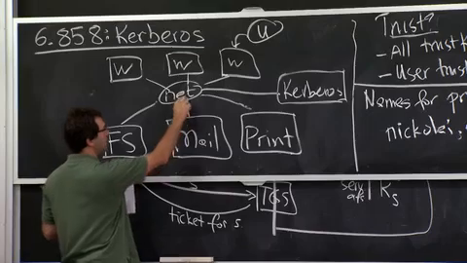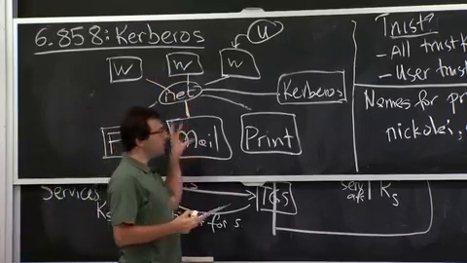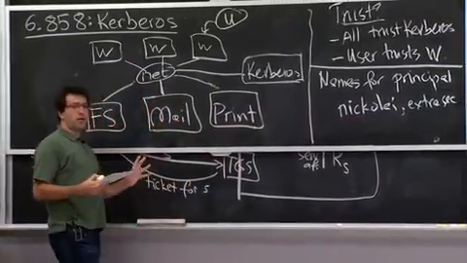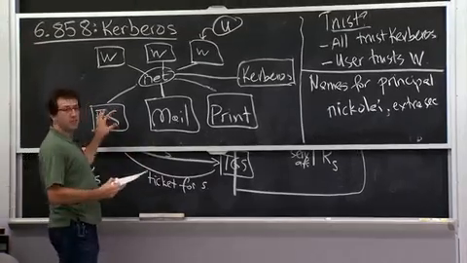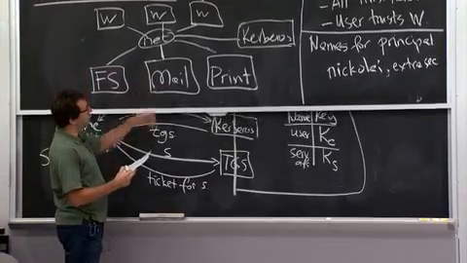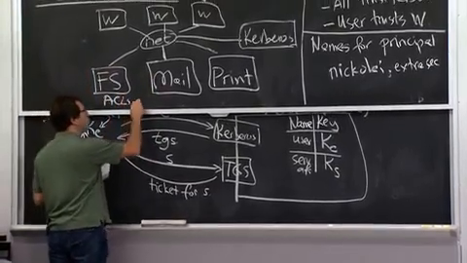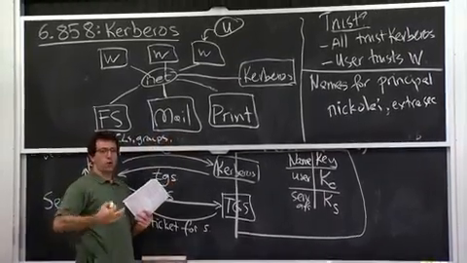So when the mail server gets a connection from some workstation and gets a Kerberos ticket that proves that this user is called Nickolai, then the mail server internally now has to figure out, okay, what should that guy have access to? And same for a file server. So inside of all these servers, there are probably things like access control lists, maybe groups, that do the authorization step.